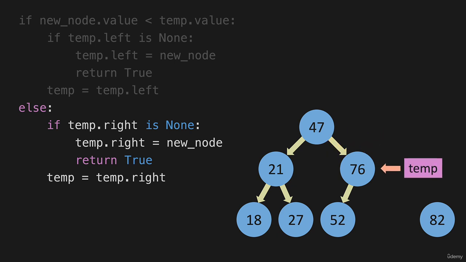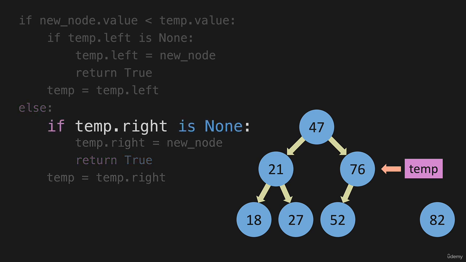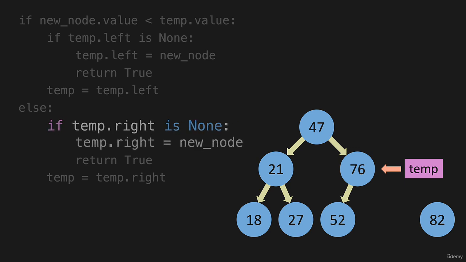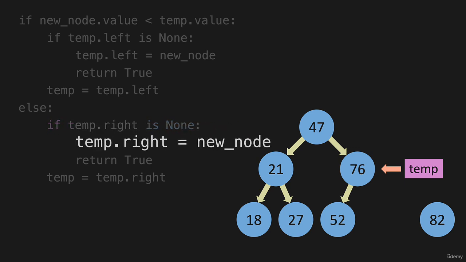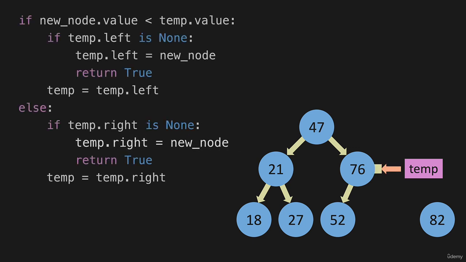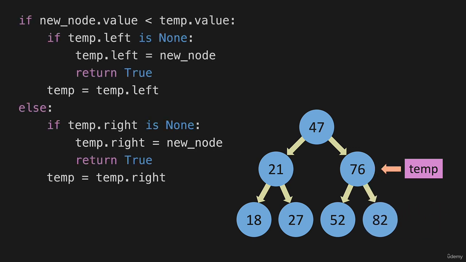That moves temp down. And remember, this is in a while loop, so that causes us to go through all of this again. So then we'll say if temp.right is None, and in this case it is None, then we'll place that: temp.right equals new node. And that is everything we need to do to be able to insert that node.